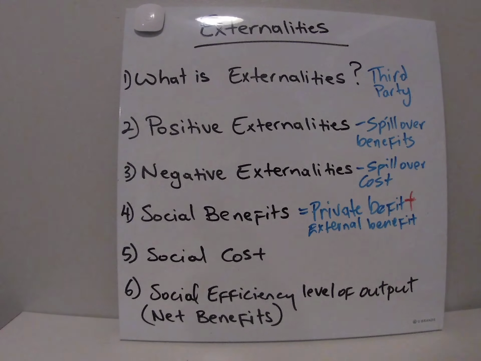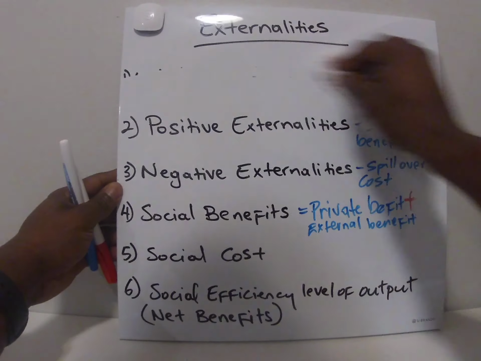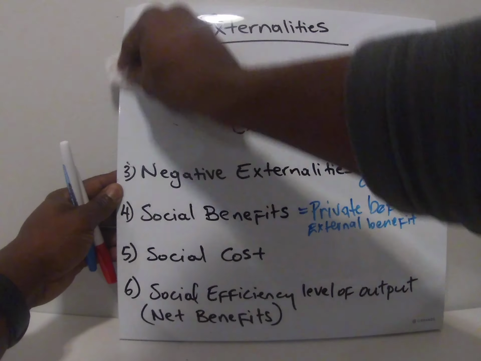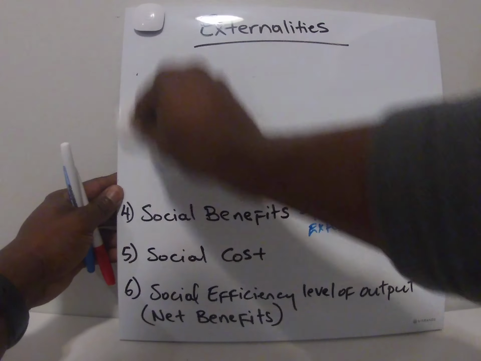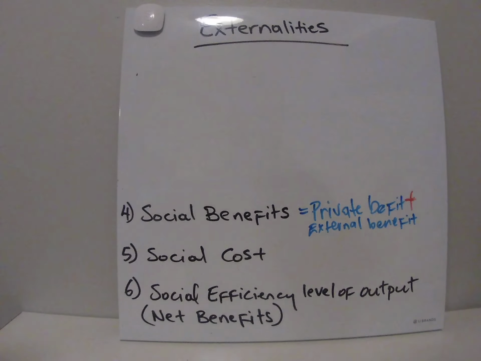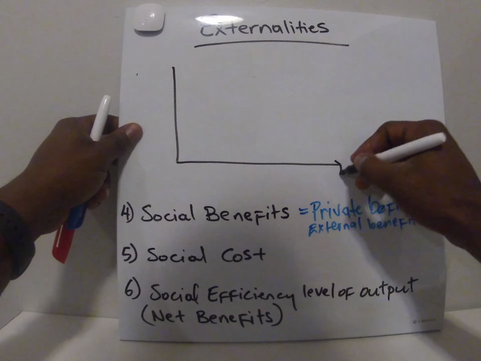So a private benefit has to do with what you're willing to pay. So you take into consideration what? A demand curve, right? So let me give you a diagram on this. So think about demand, right?